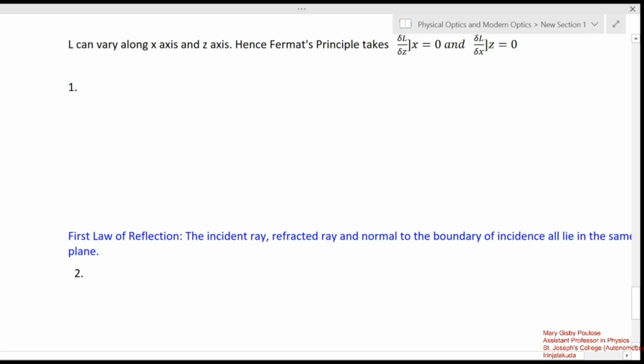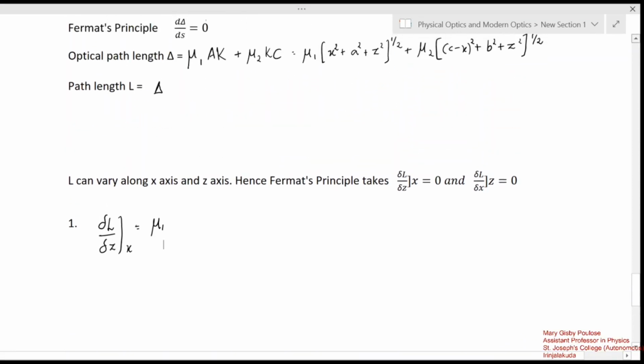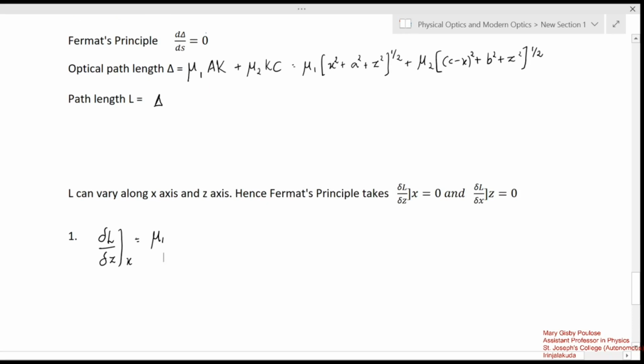First we can write ∂L/∂z at constant x as constant μ1 into the derivative of this AK term. AK is given as (x² + a² + z²)^(1/2).